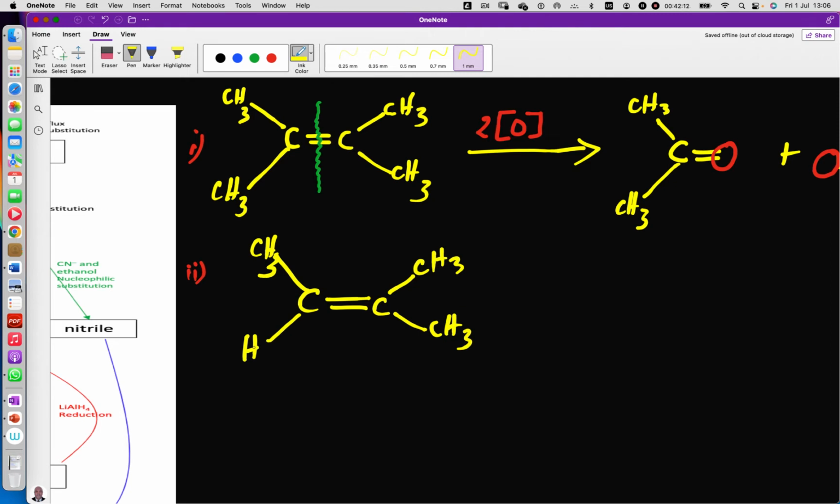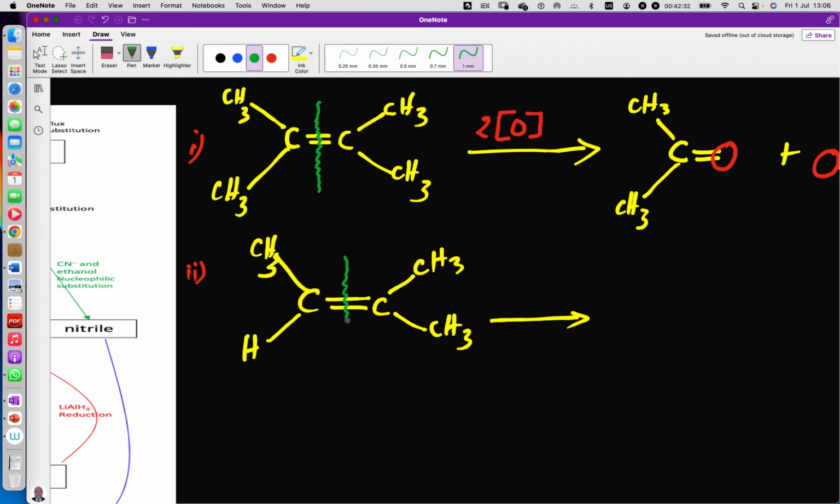And we're using this very condition: hot concentrated acidified manganate 7 ion solution. This condition is hard, and since it is a harsh condition, it's going to lead to the breakage of this, and it's going to break equally.